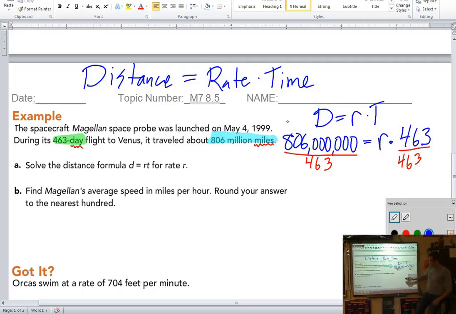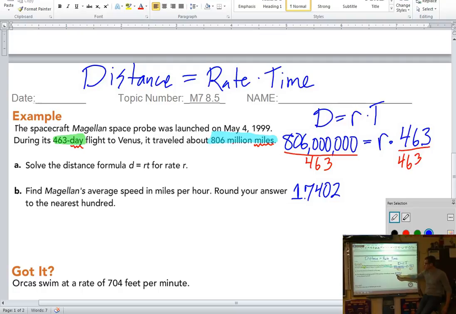This is pretty ridiculous. Even though it's per day, what's 806 million divided by 463? I got it. Well, okay, big number, everybody. 1,740,820.